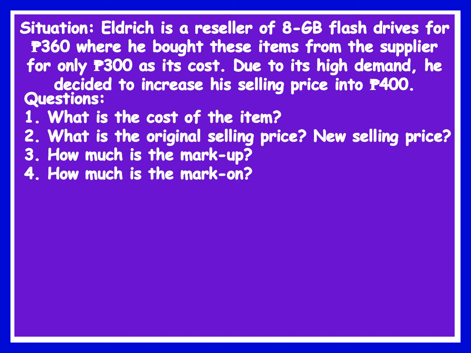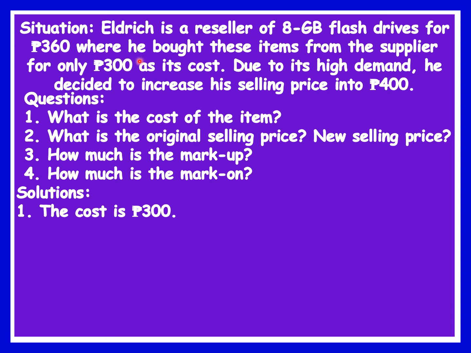Let us focus on number 1. What is the cost of the item? Of course, the answer is, the cost is 300 pesos. Number 2, what is the original selling price and the new selling price? The original selling price here is 360 pesos.